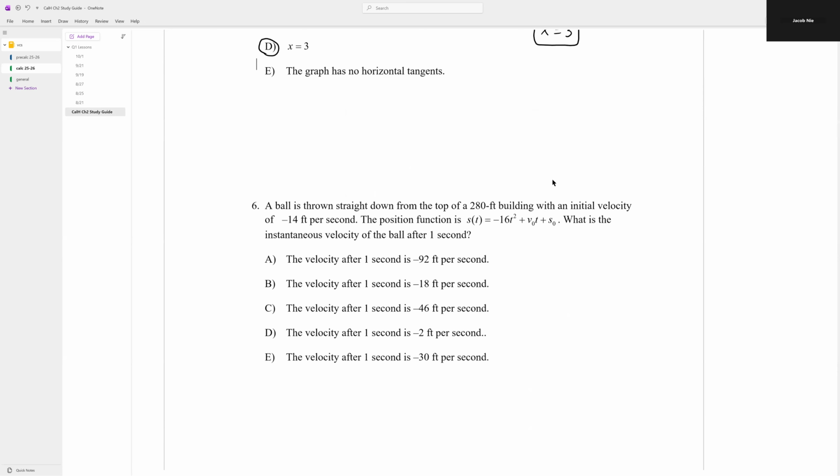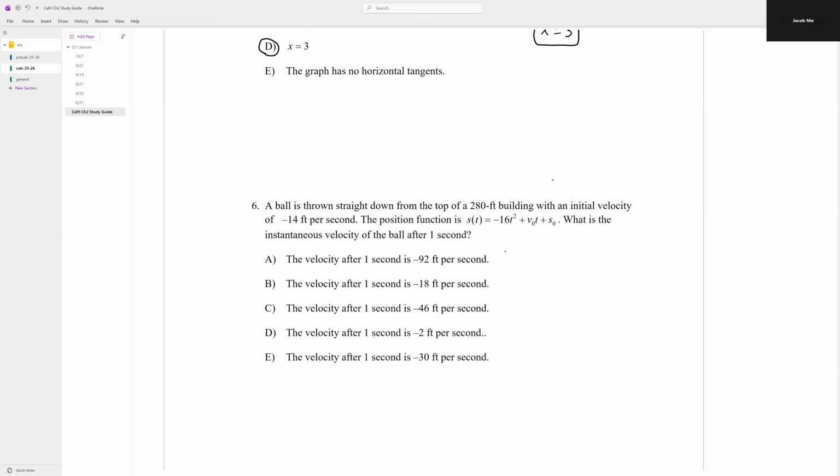but we should first use the fact that for a position function, the derivative is simply going to be the velocity. That's the definition of velocity. The velocity is the derivative of position with respect to time.